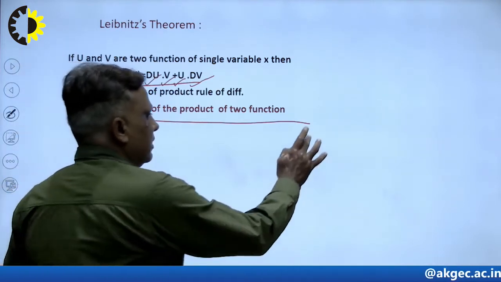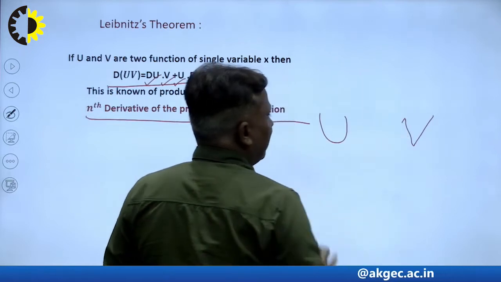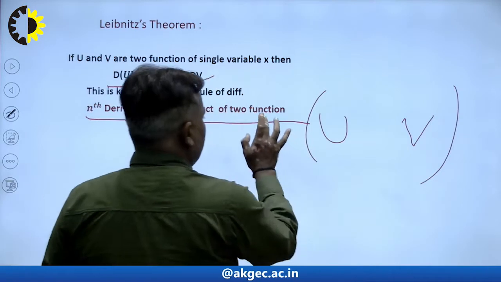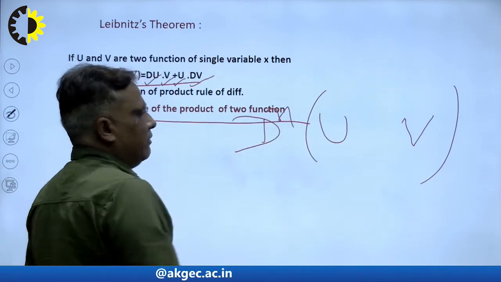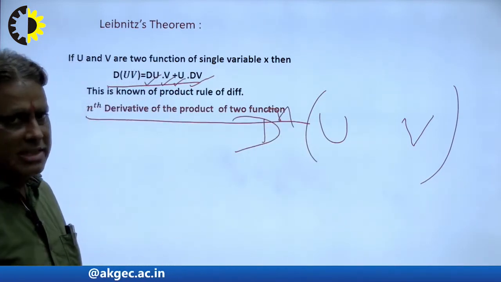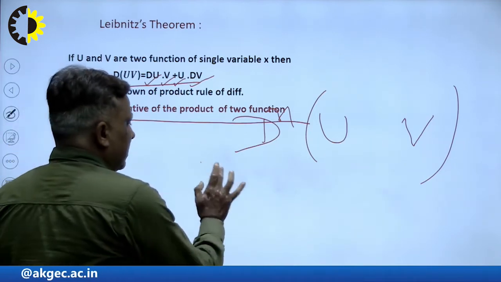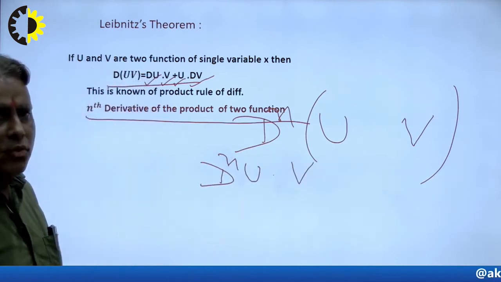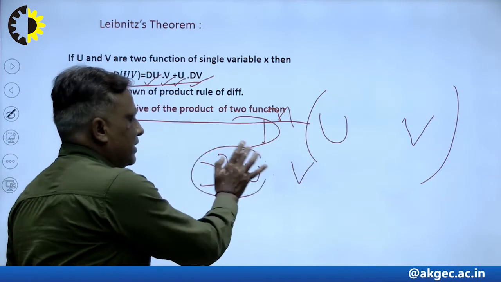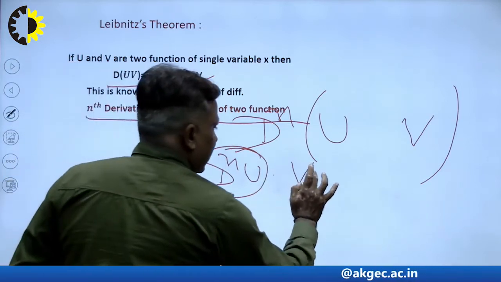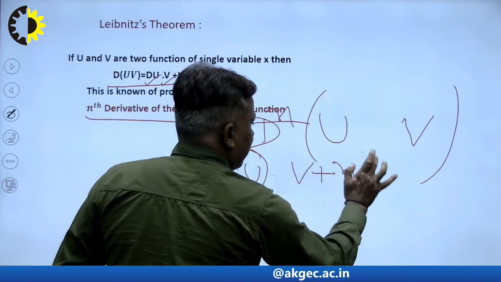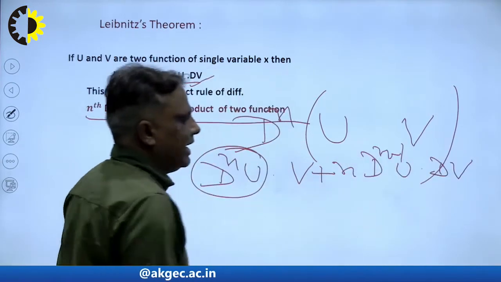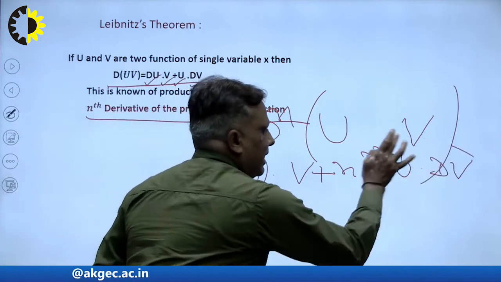Suppose I have two functions u and v, and I want to calculate the nth derivative of their product. So how do we apply the Leibniz theorem? First, the nth derivative of u into v as it is, plus n times the (n minus 1)th derivative of u into dv, and the sum of both terms is n always.